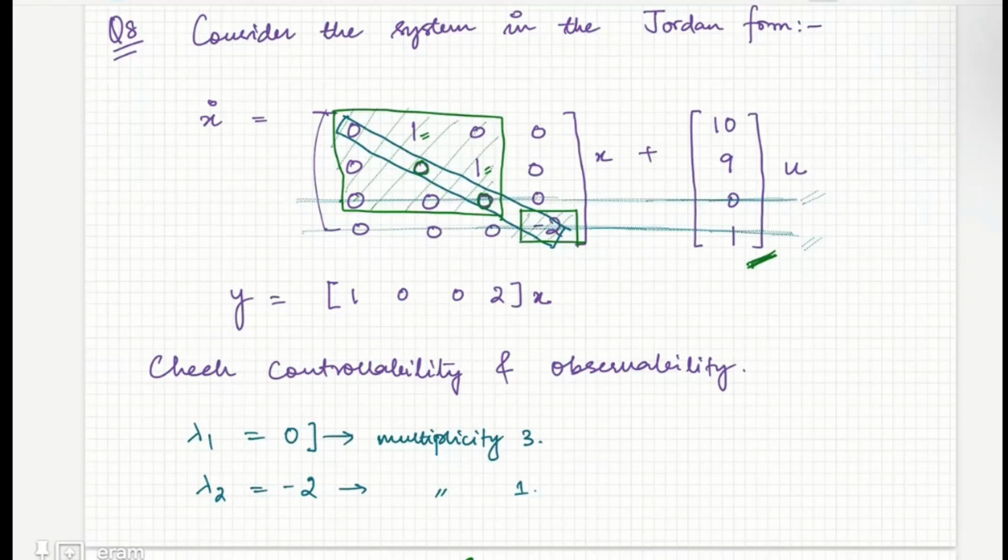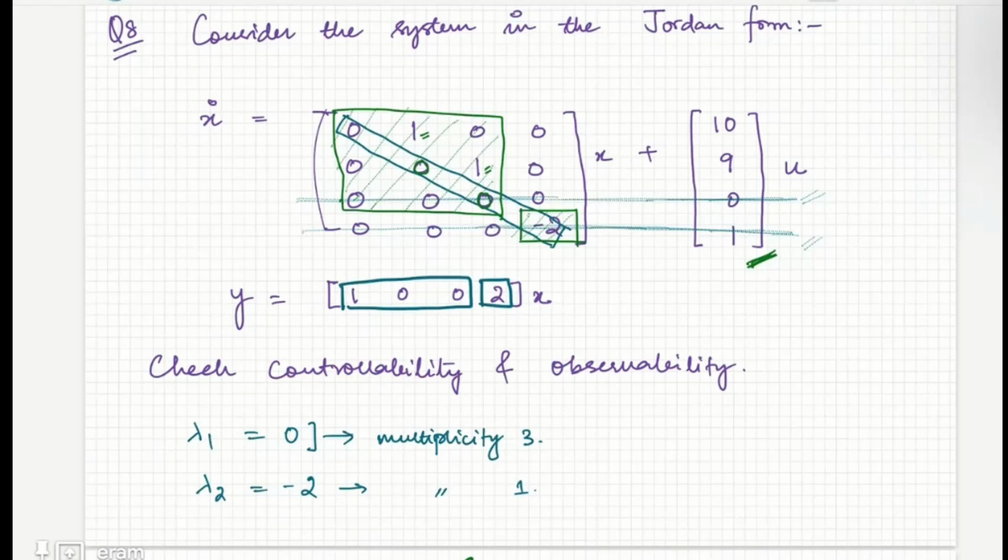Similarly, to check observability, we have to check the first entry of the C matrix corresponding to each Jordan block. Alright, this is corresponding to the first Jordan block and this is corresponding to the second Jordan block. For the second Jordan block, we have only one entry and it is non-zero. So this eigenspace is observable.